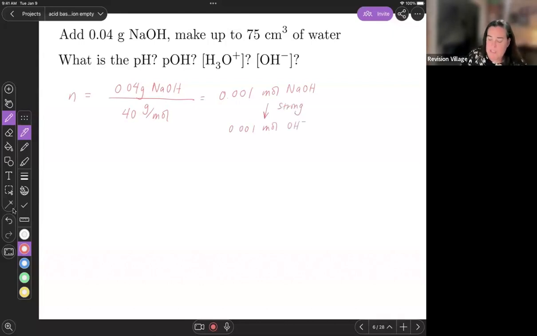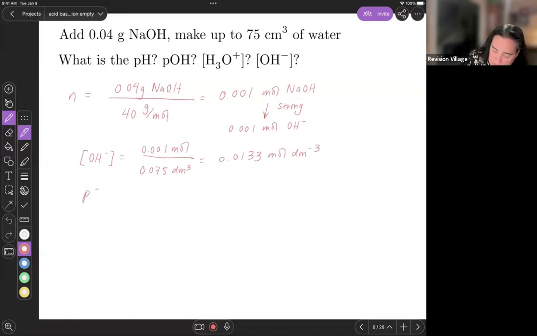If I wanted to know the concentration of hydroxide, I would take the number of moles and divide it by the number of decimeters cubed. I get 0.0133 moles per decimeter cubed.